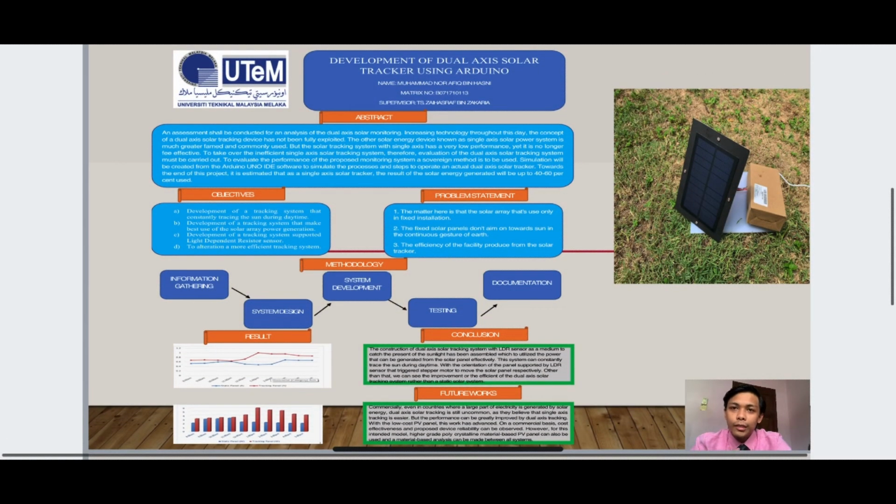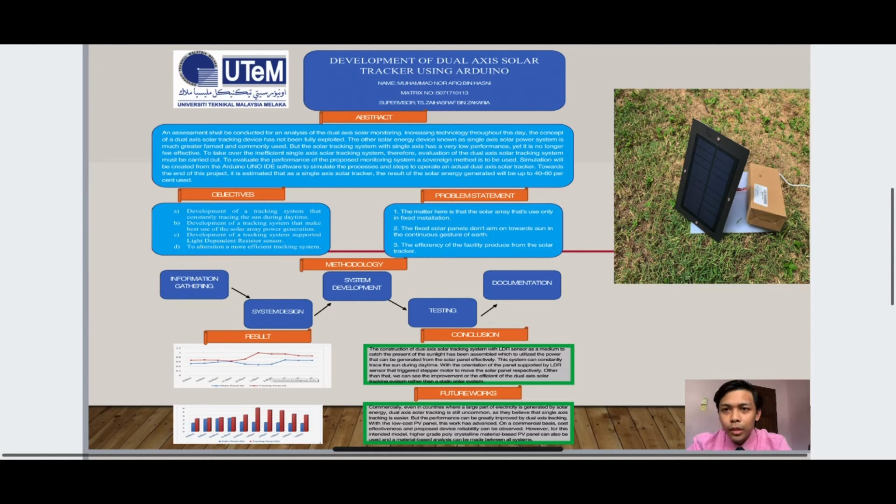The testing criteria is the experimental part, which is to get the result for the criteria that I want to see, which is the power and the voltage output from the solar panel, to compare the output power and voltage from the dual axis solar panel and the static panel.